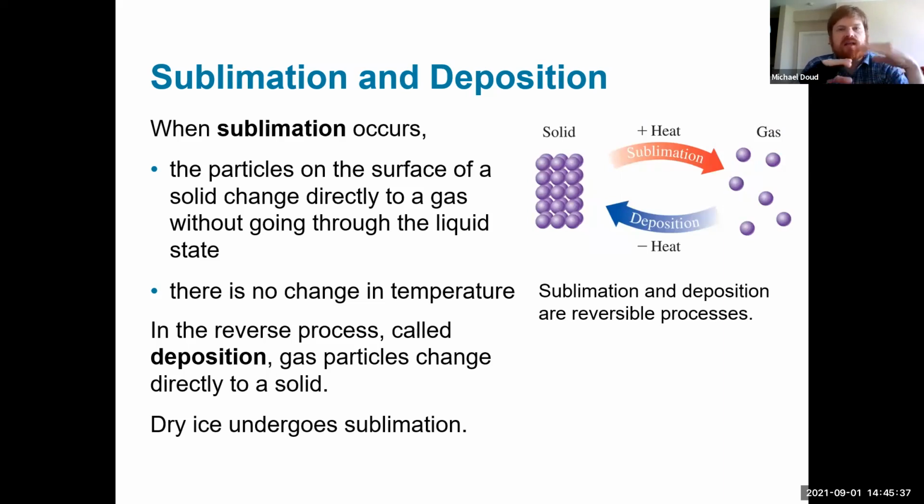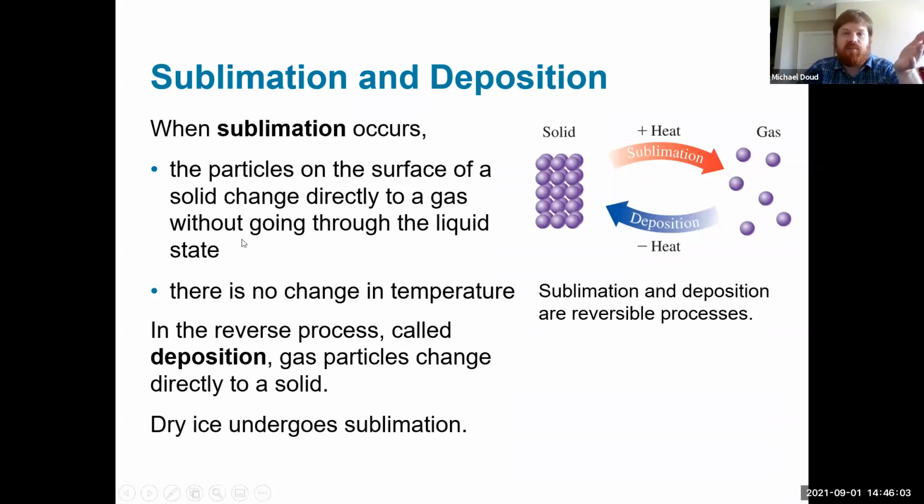Solid carbon dioxide does not melt under normal conditions. So it is going to go straight from solid carbon dioxide to gaseous carbon dioxide. Those are the chunks of ice that you see that's used to cool things down. It gets really cold, about negative 40 degrees Celsius, unlike ice, which is, of course, 0 degrees Celsius.